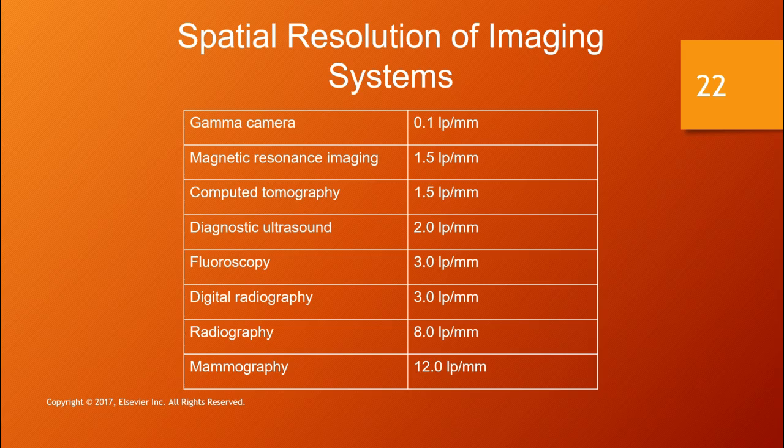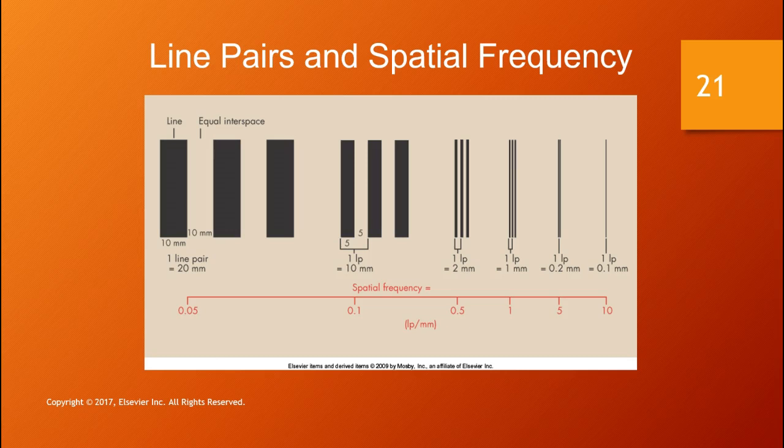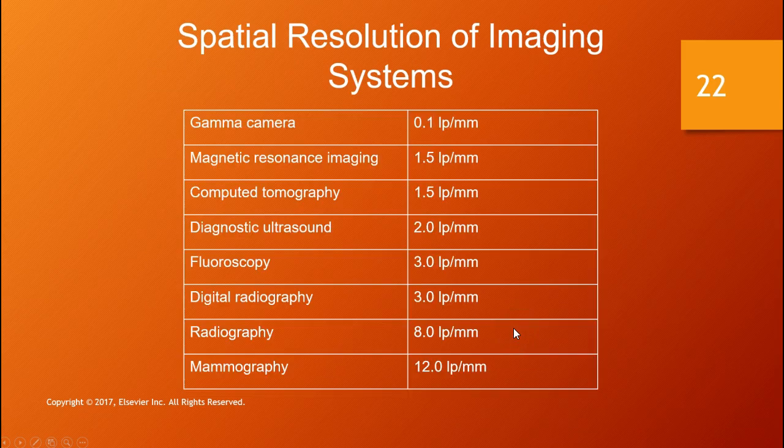If you go back to the previous slide, that's 12 line pairs per millimeter. Here we're only looking at one. And then this gamma camera here can show 0.1 line pairs per millimeter, so not good resolution at all. Fantastic resolution in digital imaging. So that's the takeaway from that.